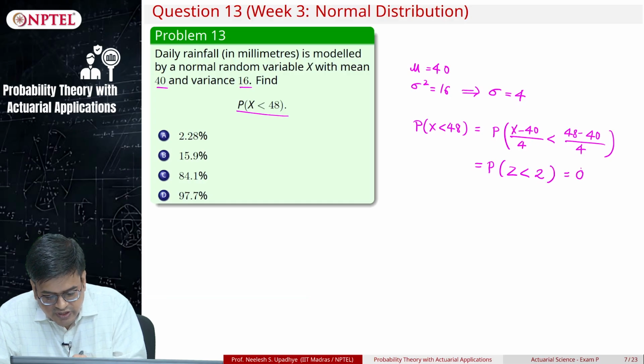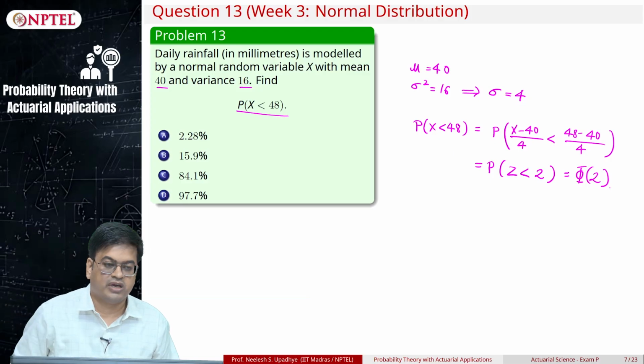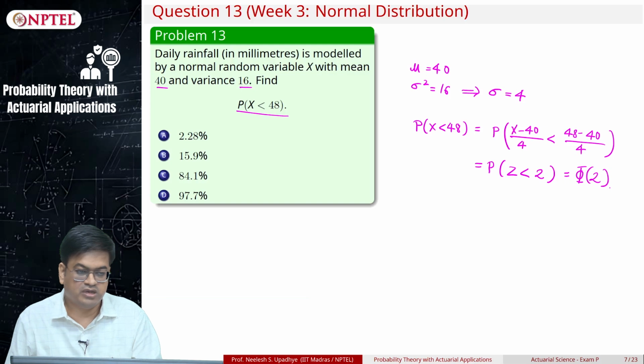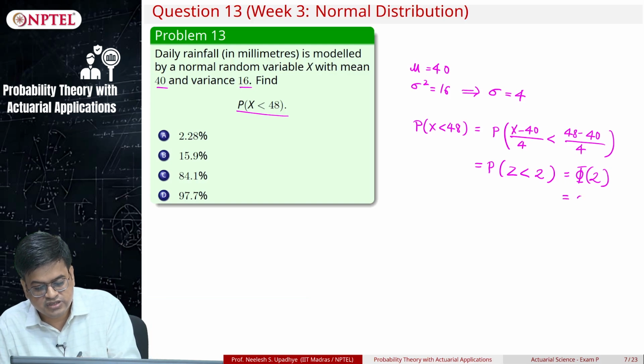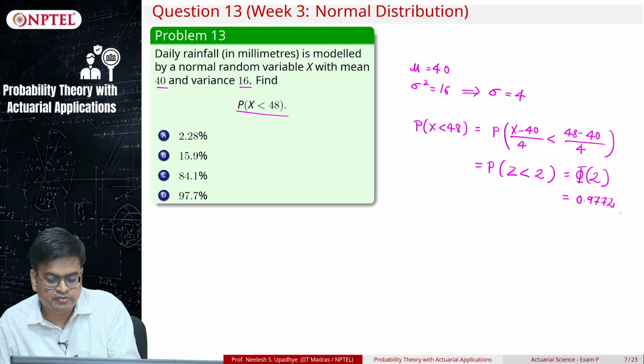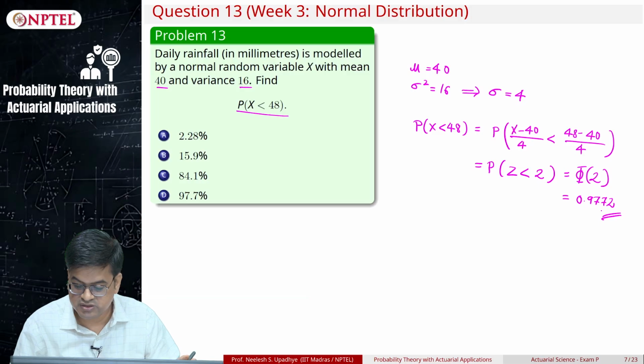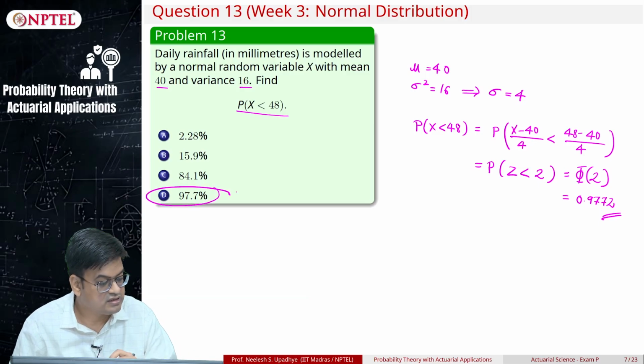So this is effectively capital Phi of 2. I can easily look at the normal table and get this answer, which is 0.9772. Is there any answer related to this? Yes, answer D.